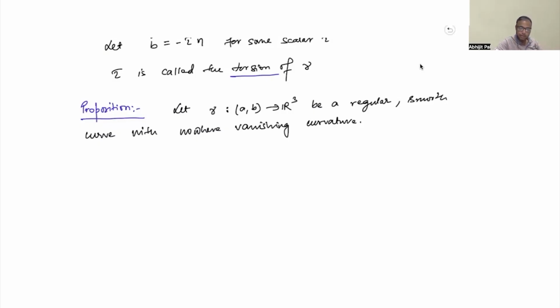So it means that the curvature is not equal to 0.